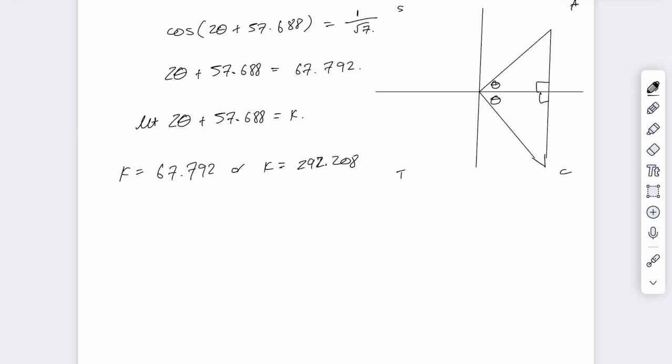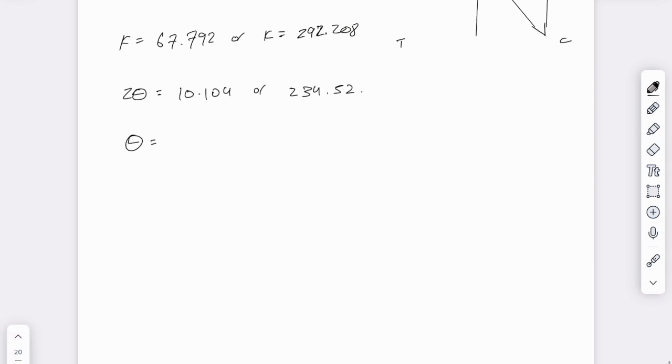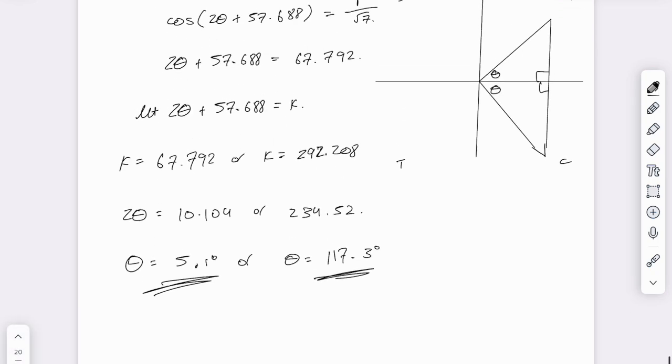Which means that 2 theta, okay, if we minus 57.688, the 2 theta is equal to 10.104, okay, or 234.52, which means then that theta is equal to 5.1 degrees, or theta is equal to 117.3 degrees. Okay, these are going to be your final answers.